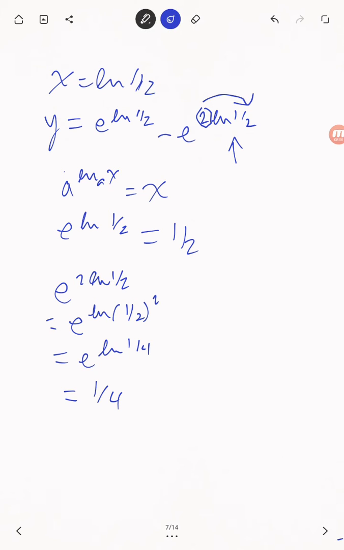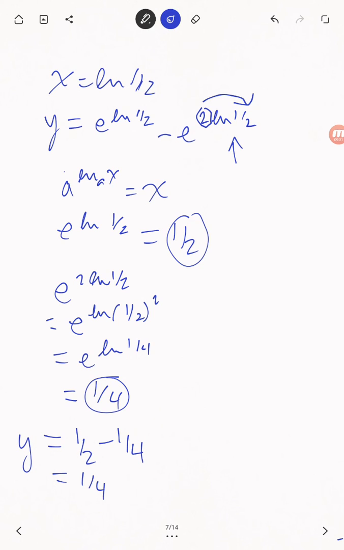The step I skipped was that I found e to the ln 1/2 is 1/2, and e to the 2 ln 1/2 is 1/4, but I forgot to subtract them. Oops, sorry, confused myself. So I have 1/2 minus 1/4, which is 1/4. Turns out it's the same anyway, but we shouldn't skip that step because it might not have been the same.